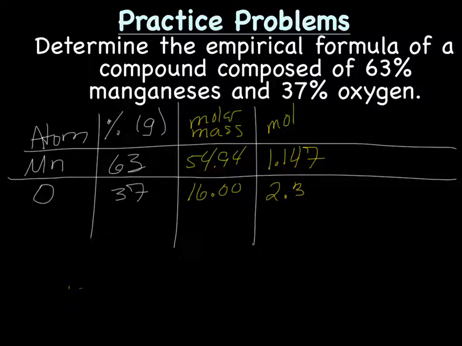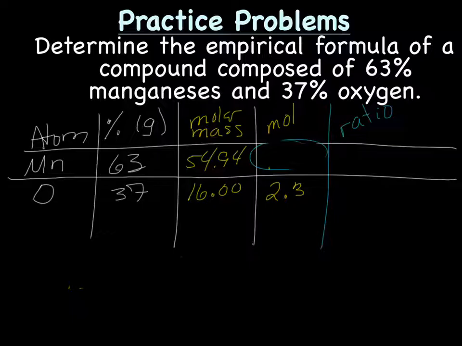All right, let's get rid of this stuff. So next step is our ratio. So remember, we look for the smallest mole ratio, which I see as being this one. So we're going to divide both moles by the smallest mole, which is 1.147. And actually with sig figs, this should not be 1.147, should it? It should be 1.1.